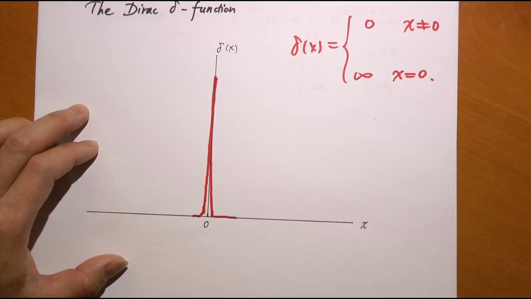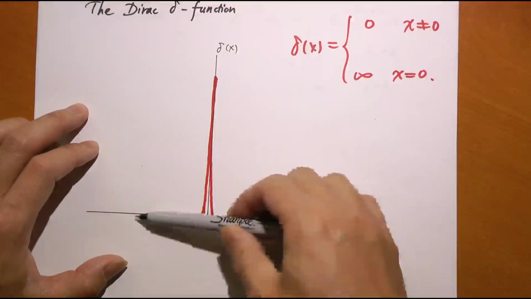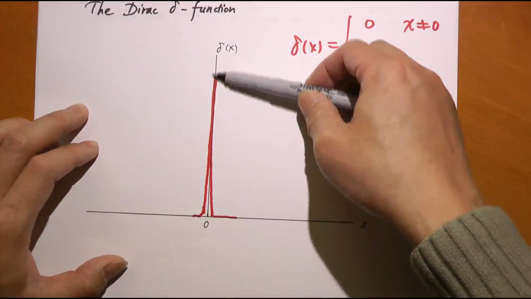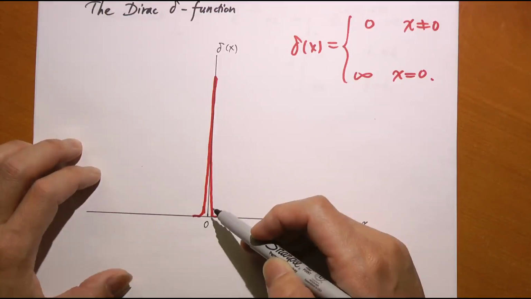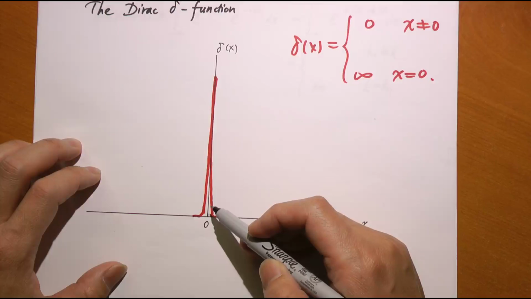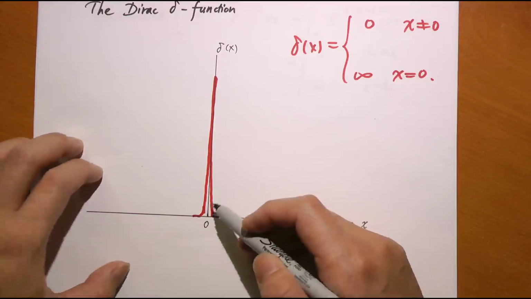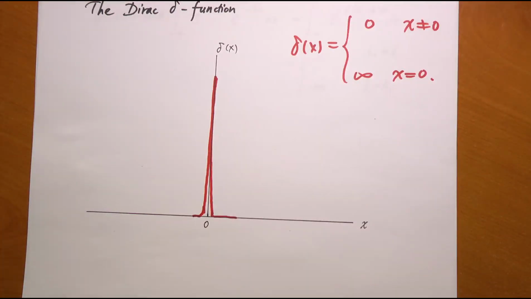The Dirac delta function is not a conventional mathematical function because it changes abruptly to infinity and changes back to 0. So mathematicians had a hard time accepting the Dirac delta function. You can well imagine this delta function was not actually introduced by a mathematician. It was actually first introduced by a physicist, Paul Maurice Dirac.